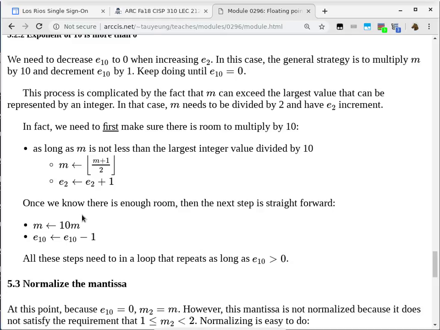And doing this means we are making M small enough to have room for another multiplication. Is that okay? So we are trying to make enough room for another multiplication, and then we have the multiplication, and then we adjust E10, and then we go back and try to make room again.